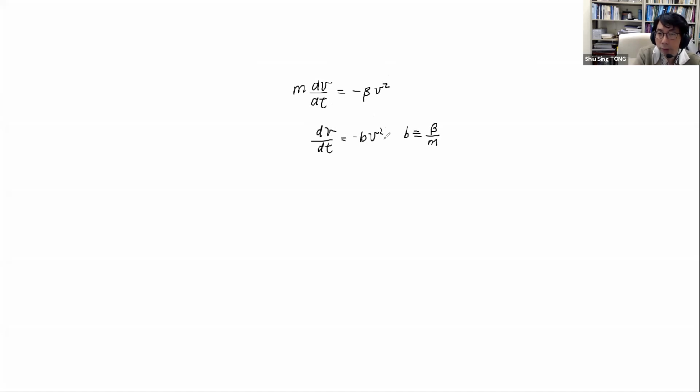Is that right? So how do you integrate it? The idea is similar to what we have done before. We just put all the v's on the left-hand side and all the t on the right-hand side, and we do the integration on both sides. You try to see what you get. Okay, you try it now.